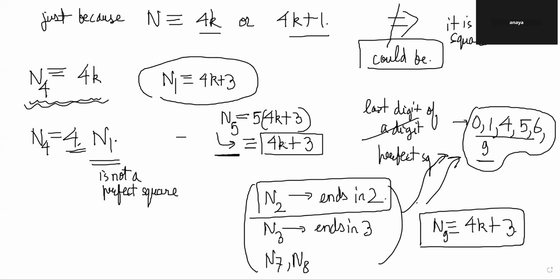So these two cannot be perfect squares, N5 and N9. The only case that is left is N4.